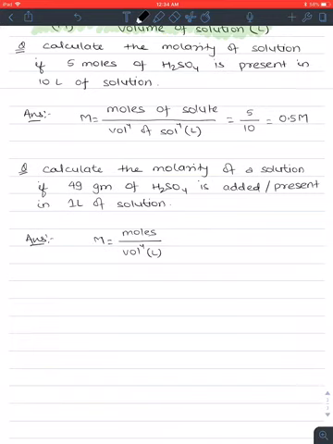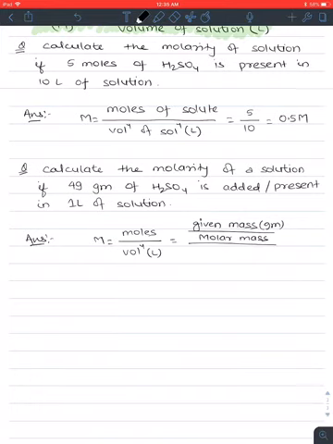Now try to recall, is there any formula by which we can calculate the number of moles with the help of given mass? We have one formula: number of moles is equal to given mass in grams divided by molar mass of the species.